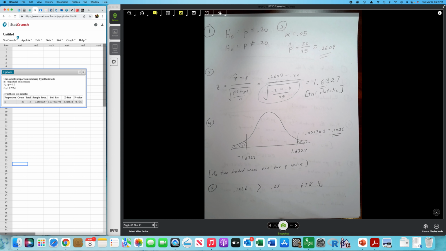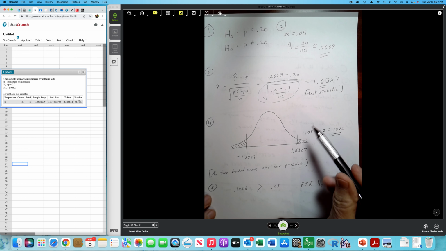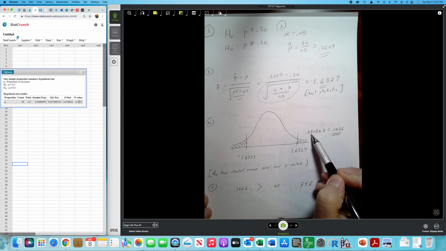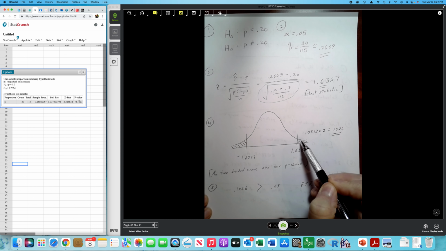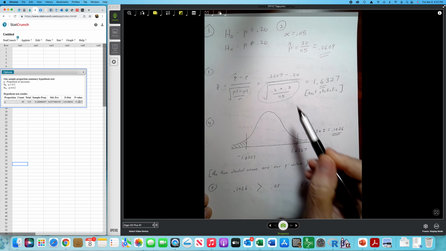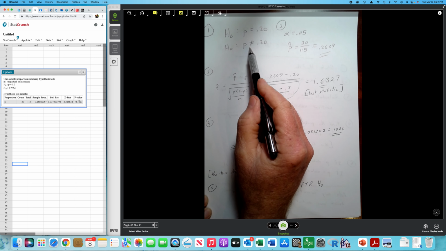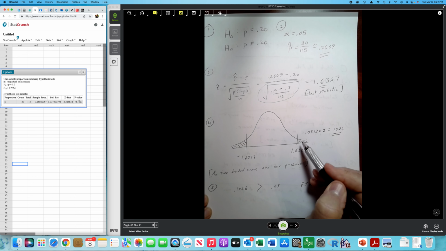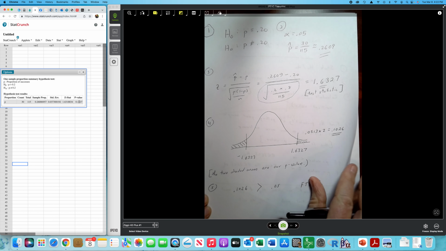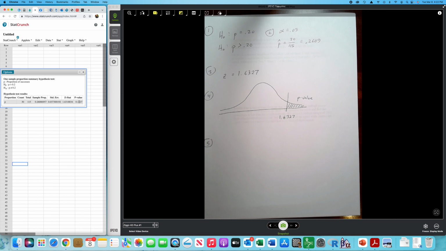And notice my p-value is 0.1027. Off just a little bit, but only because of rounding. Notice if I hadn't multiplied by the 2, I would have gotten the wrong p-value. Anytime I have a two-tailed test, anytime I have not equal to in the alternative hypothesis, I have to multiply by 2 whatever I get as the initial p-value.